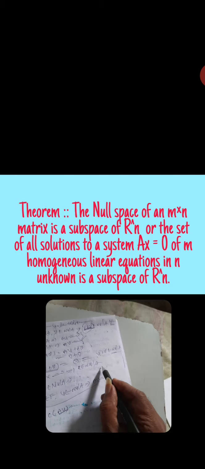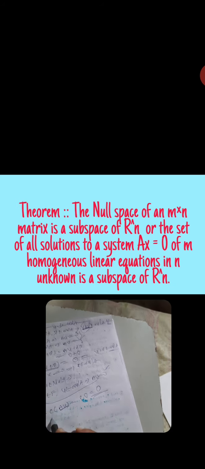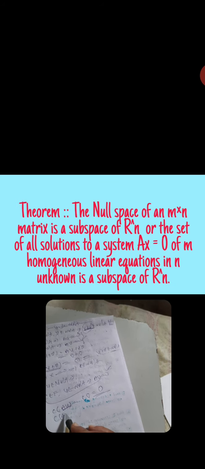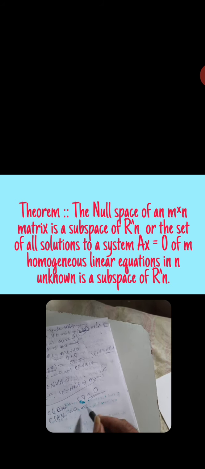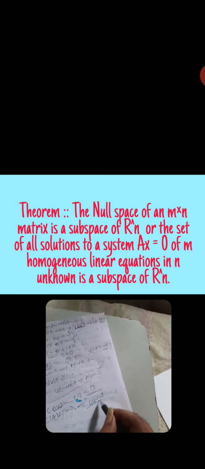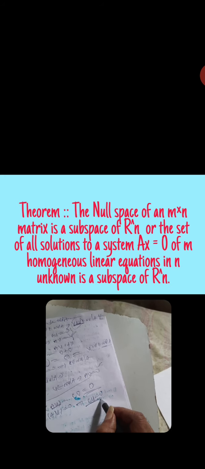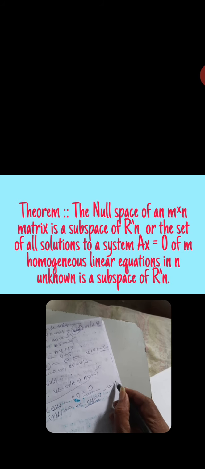AU you know is 0. C into 0 is equal to 0. Now CU is equal to 0. But see, CU is also an element of null A.